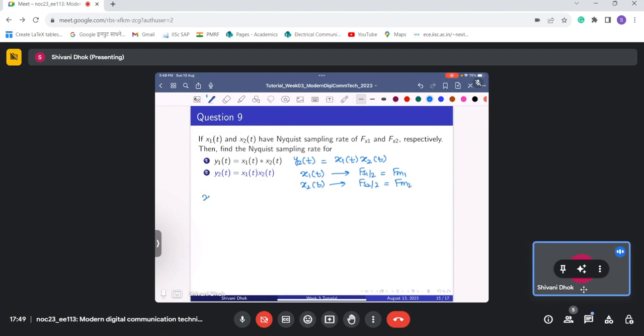But now x1(t) is getting multiplied with x2(t), and by the properties of the Fourier transform, this is equal to x1(f) convolved with x2(f). So multiplication in the time domain results in convolution in the frequency domain. So let's try to understand what is happening here.